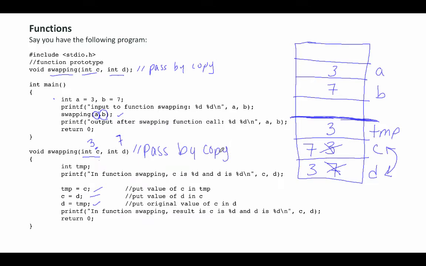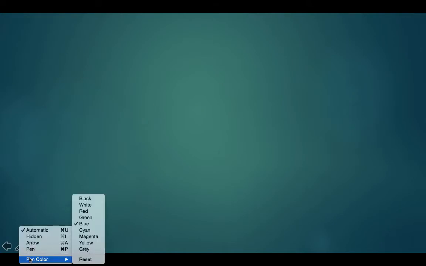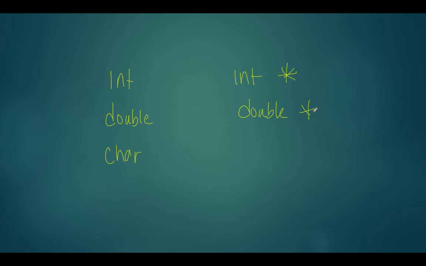All right, let's go to the next slide and talk about pass by reference. Just to review, before we get started, we have integers, doubles, characters, and we have integer pointers, double pointers, and character pointers.